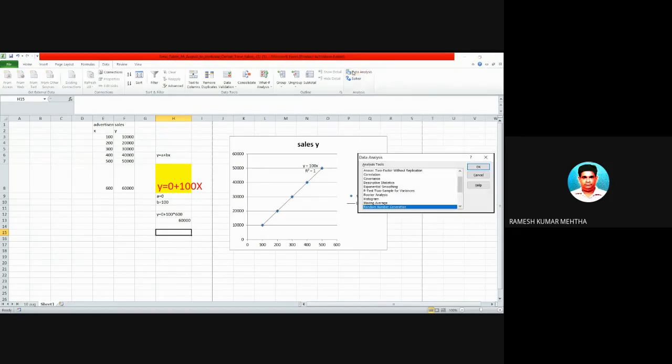You click data analysis, and you will get a box like this, and in the box you get so many data analysis tools.